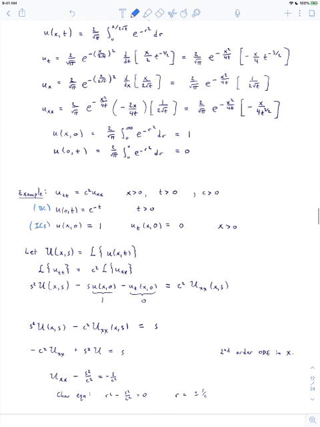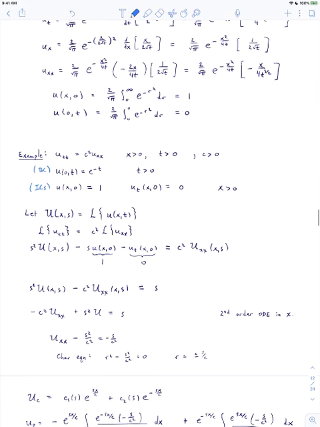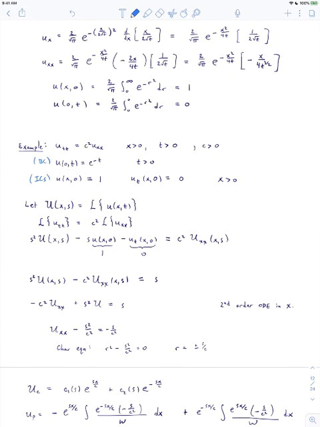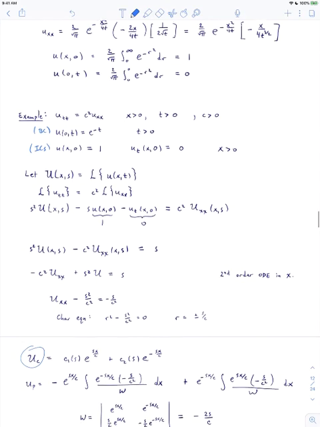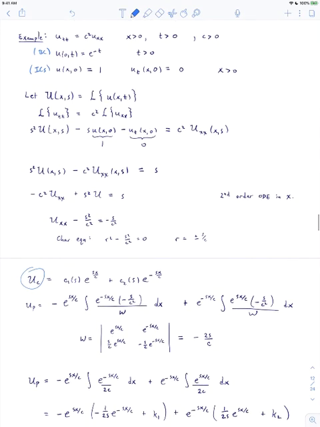You can find the characteristic equation. In this case, it's a little bit nicer because there are no square roots. So you get that the complementary solution is c1(s) times e to the sx over c plus c2(s) times e to the minus sx over c. All right, so let's scroll up so we can see more of this problem.